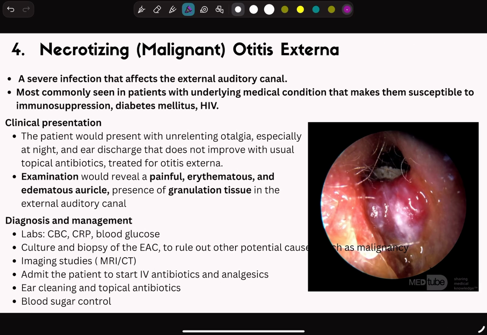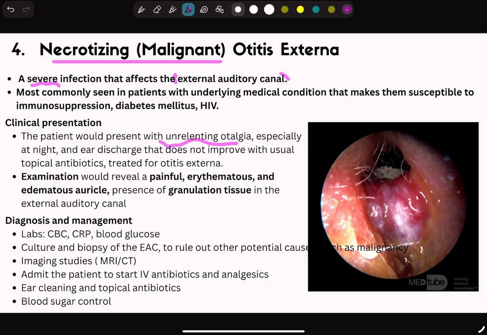Necrotizing or malignant otitis externa. So from its name, it's not cancer, but it is a very serious and severe infection of the outer ear. Most commonly, patients who have diabetes, low immunity, or HIV are at risk of such a severe condition.